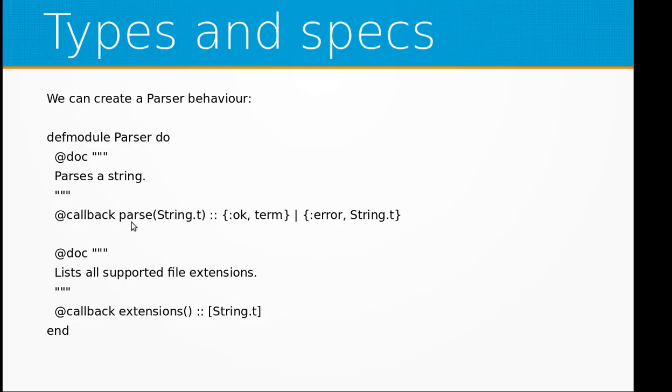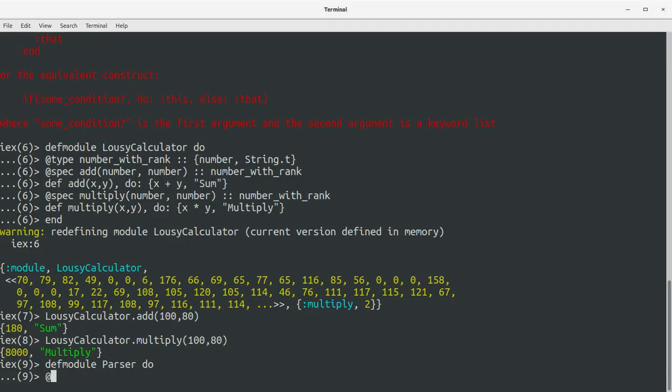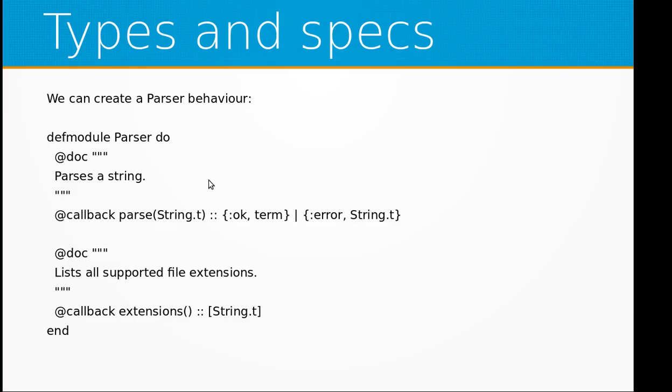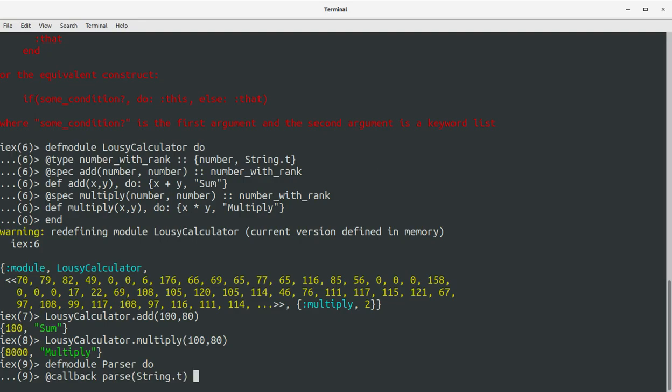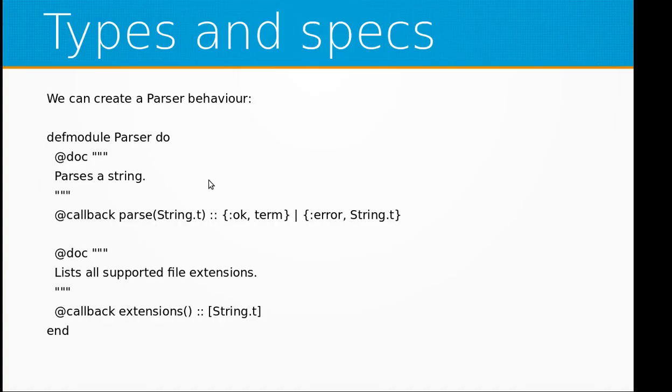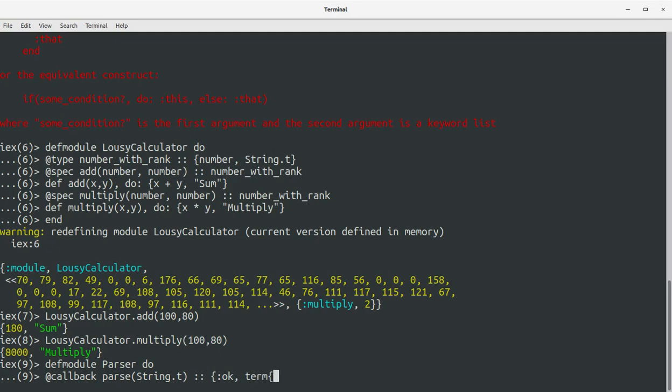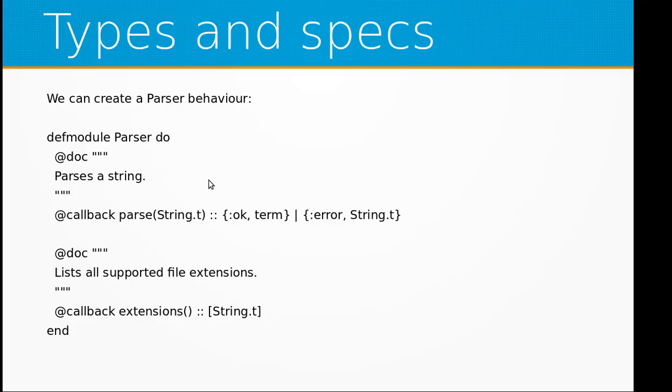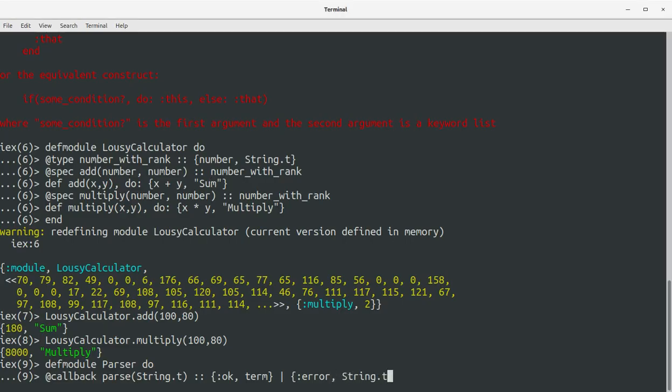Okay, I'm passing the documentation again, so I'm jumping to the callback attribute: parse, String.t, resolution operator, {:ok, term} pipe sign, then we have {:error, String.t}.